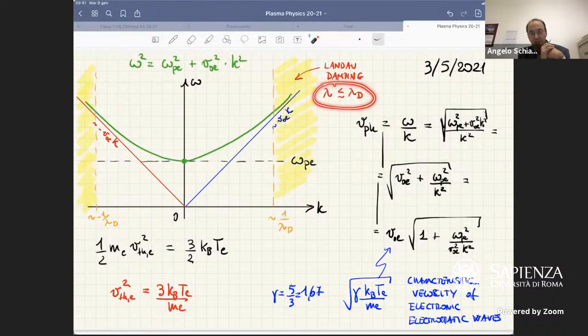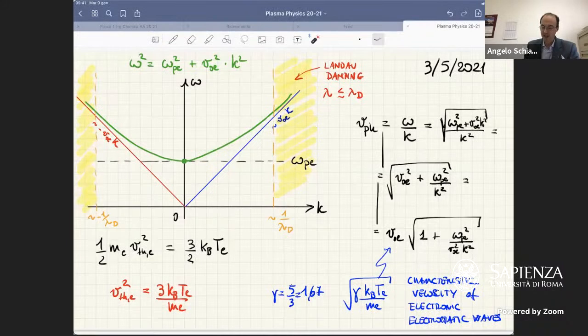So our treatment is not valid anymore. And what is happening is that any perturbation that can arise with that very high spatial frequency is locally damped, so they are not able to travel a long distance in the plasma. Okay, this is just for electron waves.